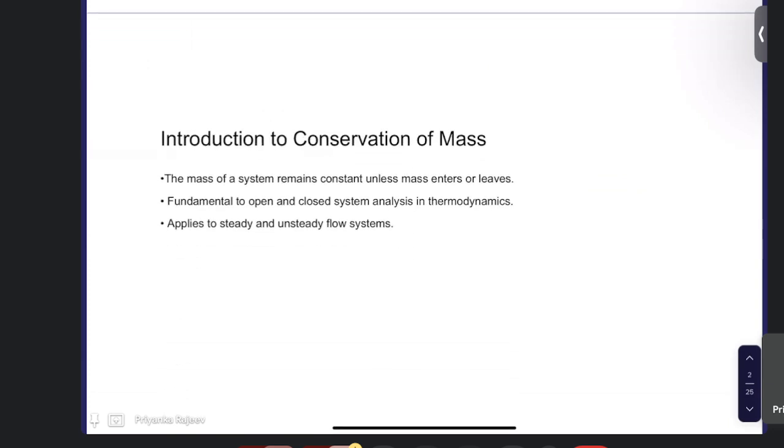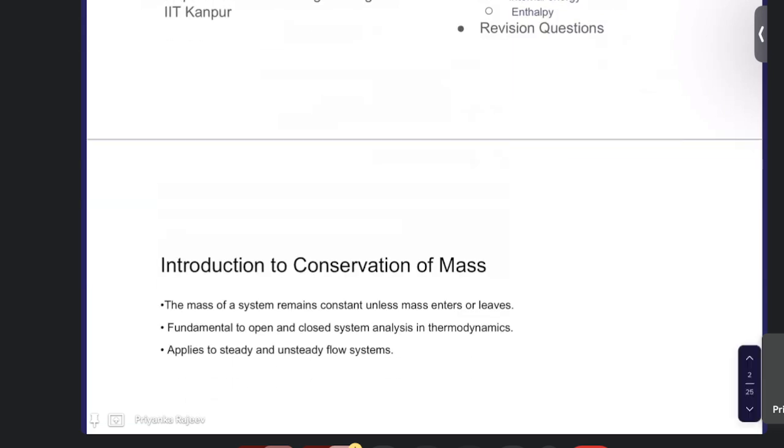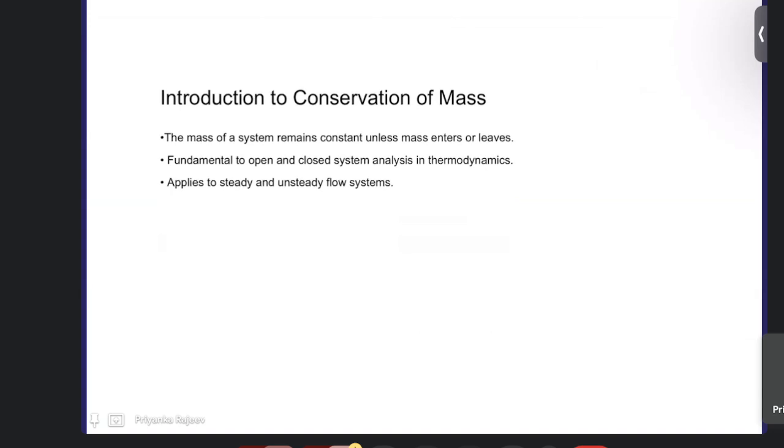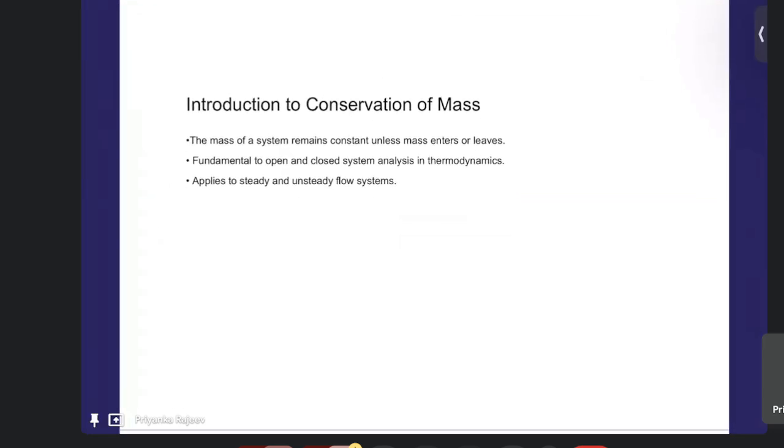Now, week 2 lecture was based on conservation of mass, then the zeroth law, first law, and related terms of those laws. First it started with conservation of mass. We have heard about this in lower classes as well, where we say that the mass of a system remains constant unless mass enters or leaves.